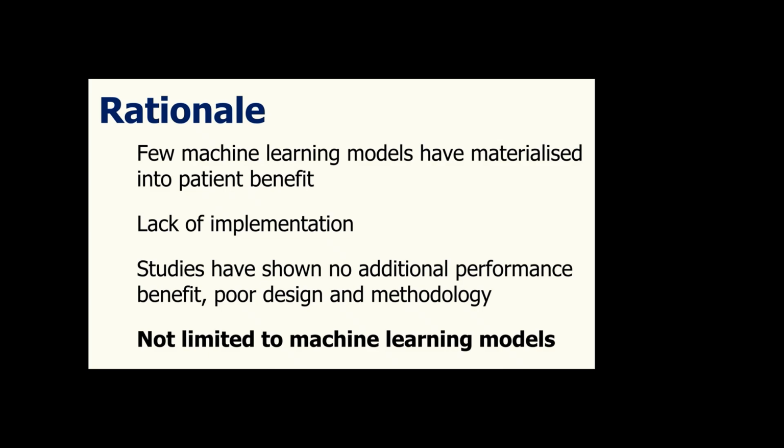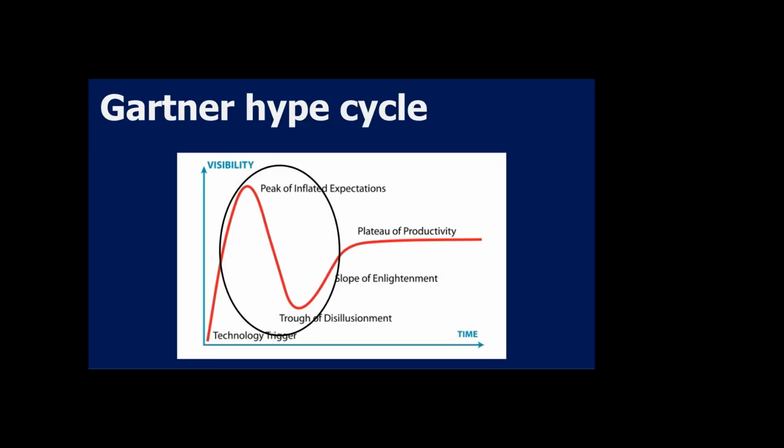It got me thinking about this hype cycle. Because there has been this great increase in the use of these methodologies and modeling approaches of late, I think we're at this point of peak inflated expectations.